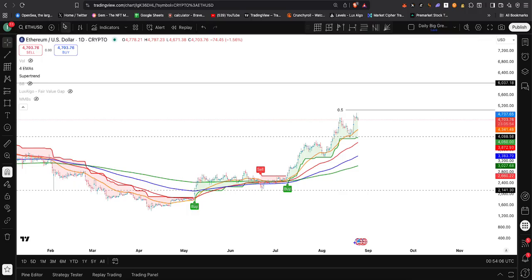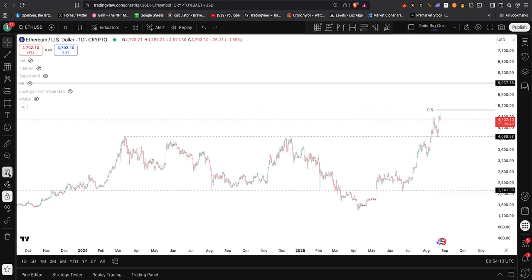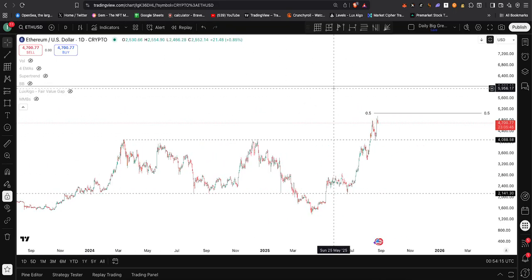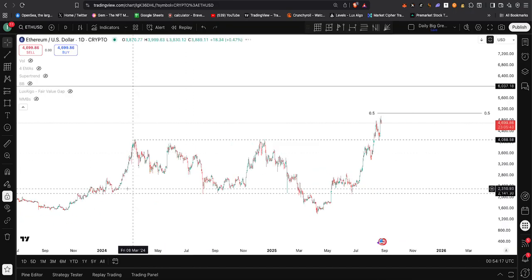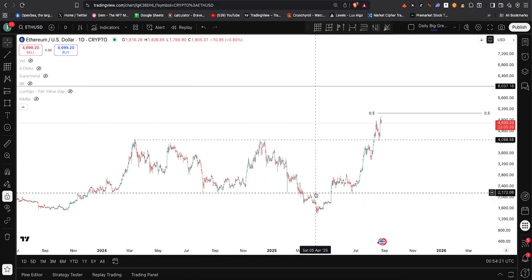So I'm going to get into Ethereum now. This is the daily. I'm going to turn off these two indicators really quick and just show you quite a simple chart. So Ethereum, I have in a range here. It deviated from it.